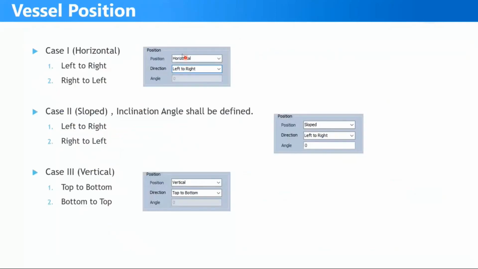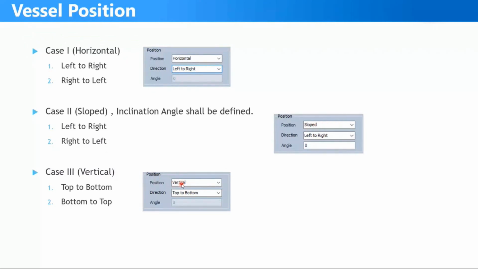The first one is changing the position of the equipment. So if you would like to make your equipment in a horizontal position, from this drop-down list, you can select between 3 different options: horizontal vessel, sloped vessel, which is a tilted vessel with an angle from the horizontal level, and a vertical vessel.